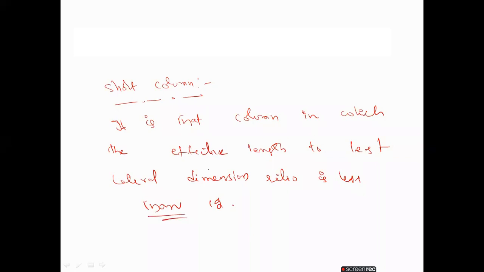So what it is saying is, when the ratio of effective length to the least lateral dimension is less than 12, we call it a short column.